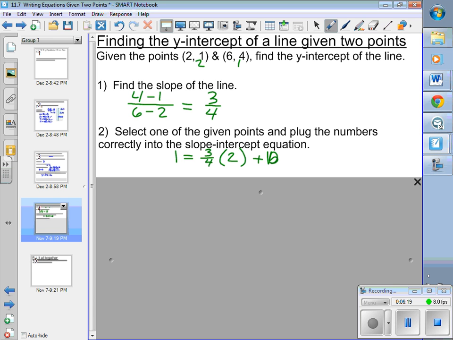Sorry, I'm going to erase that because that did not come out very well. All right. So if we cross cancel, this becomes a 1, this becomes a 2. Okay? So we're left with 1 equals 3 over 2 plus b.